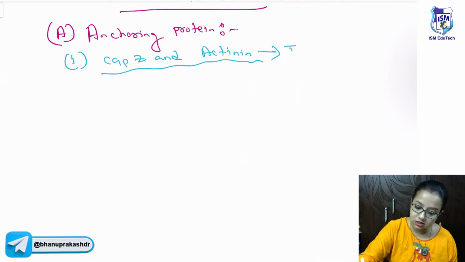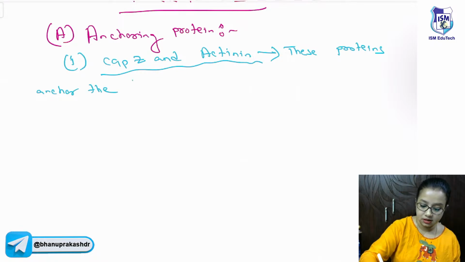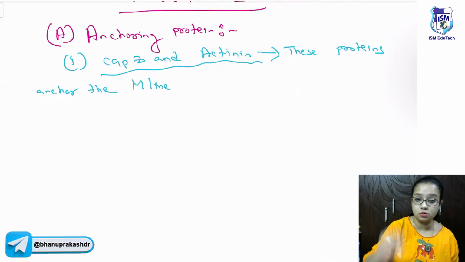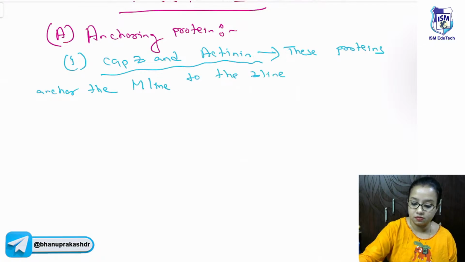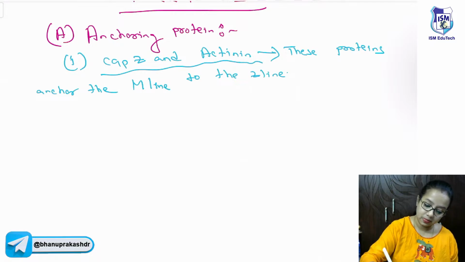So these proteins anchor the M line that runs between the A band to the Z line of the sarcomere. That is CapZ and actinin. That is their importance. Okay.